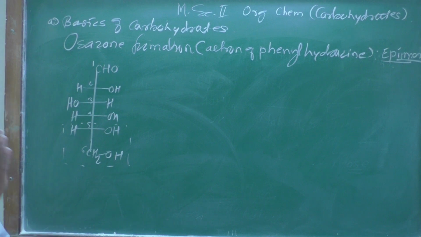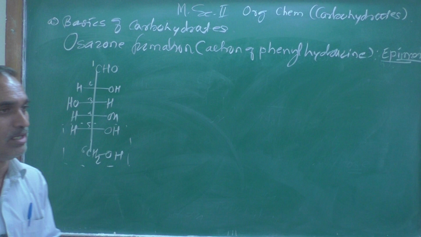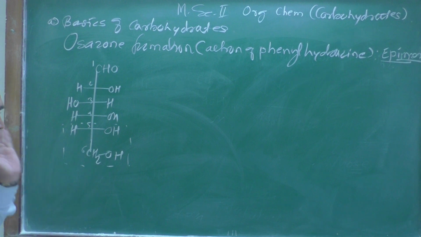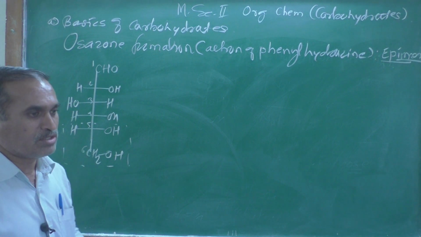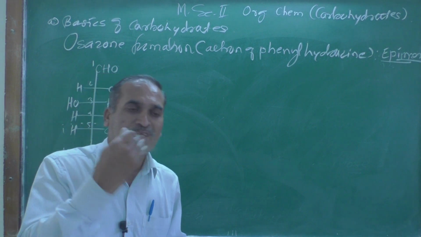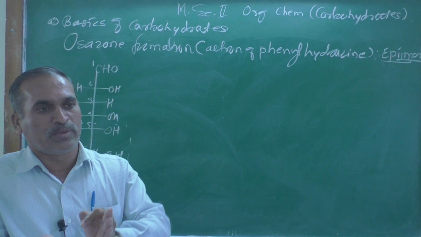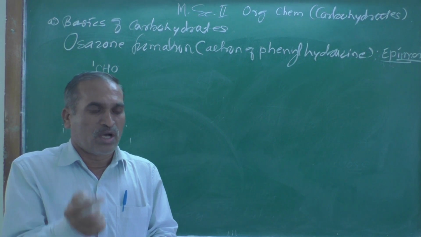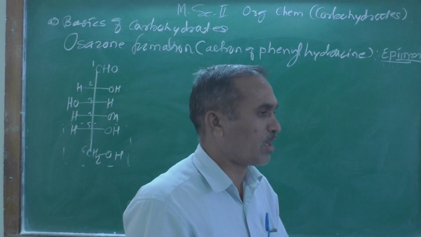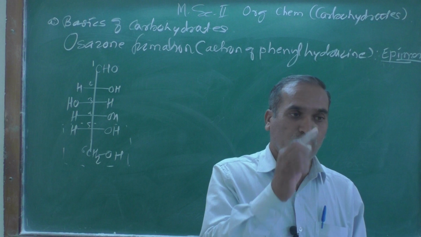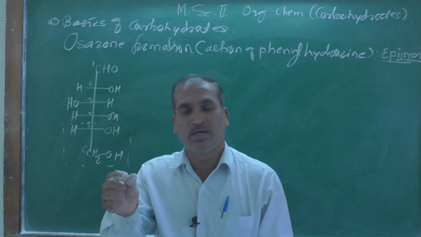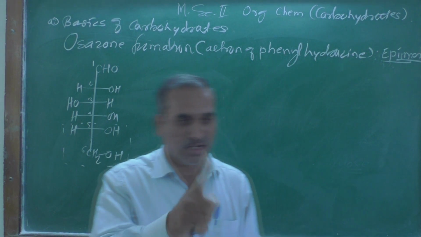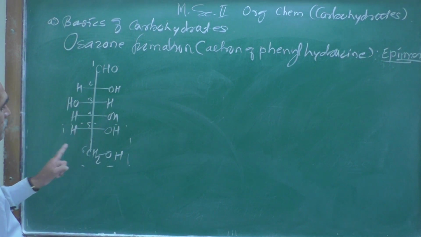And how can we give the DL configuration? We already learned that D and L are the relative configuration, and that relative configuration is designated or assigned on the basis of the hydroxyl group present on the lowest chiral carbon atom. If it is on the right hand side, it is D, and if on the left hand side, then we designate it as L configuration.